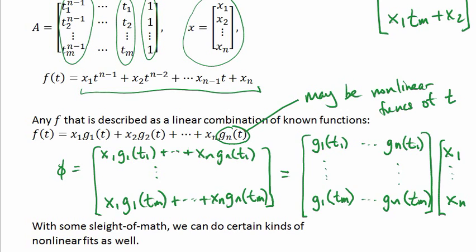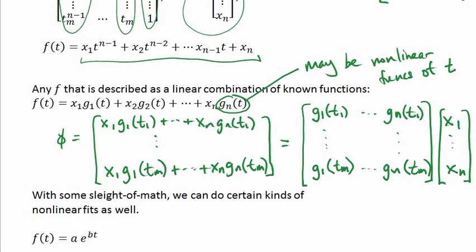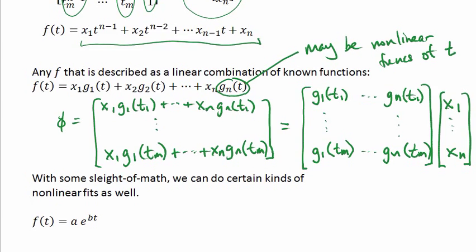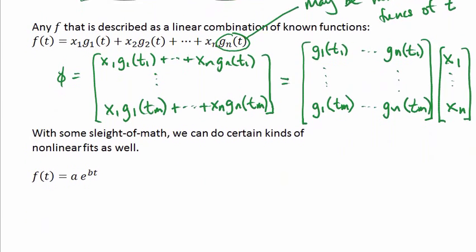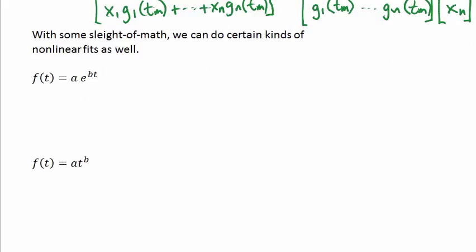The key, again, is to be able to take these parameters, the x's, that describe the whole family of candidate functions, and separate them out so that they affect the problem only in a linear fashion. Now, there are some other cases where we can do some transformations that allow us to extend to even more kinds of problems.